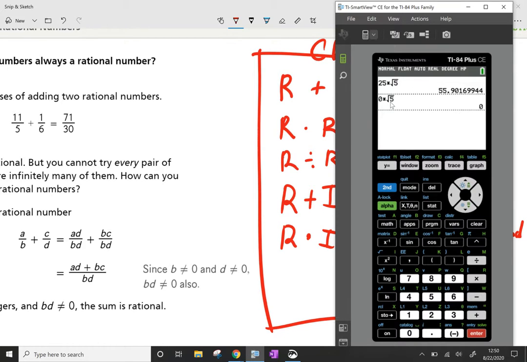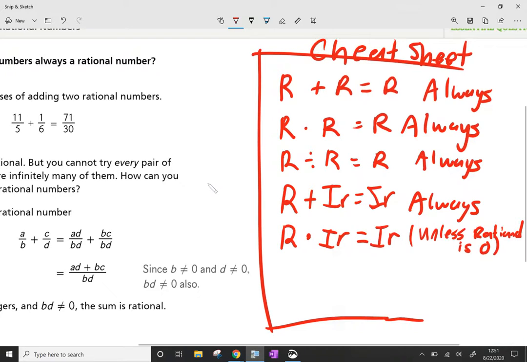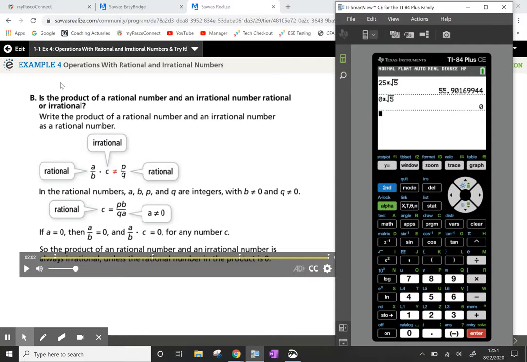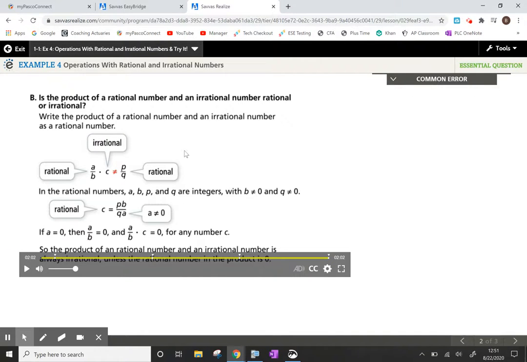So this is the only time where you multiply a rational and an irrational number and you actually end up with a rational answer. That's why I said rational times an irrational is irrational unless the rational was 0. If that number was 0, the answer is 0, which is rational.